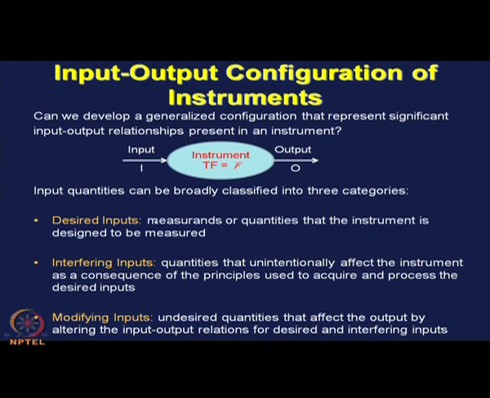Now, let us try to see what are the various types of inputs that affect any particular instrument. The input quantities can be broadly classified into three categories: desired input, interfering inputs, and modifying inputs.